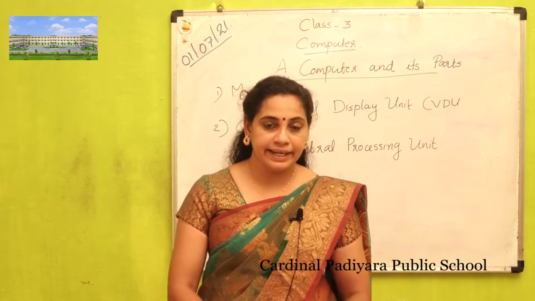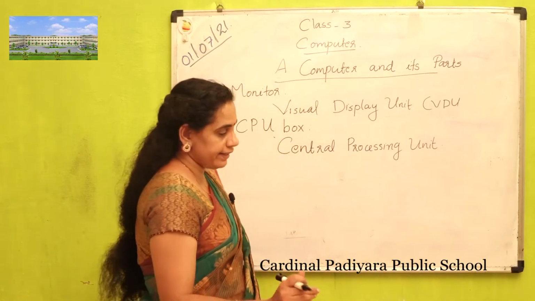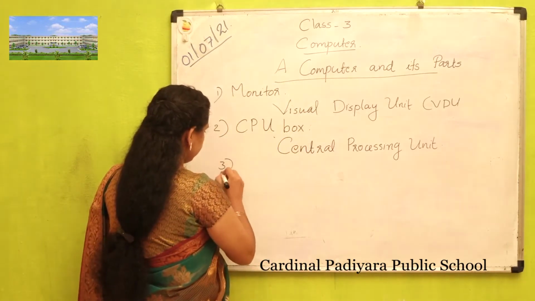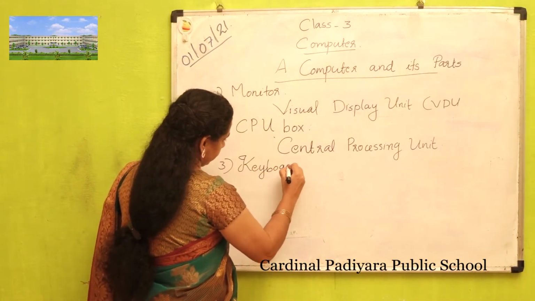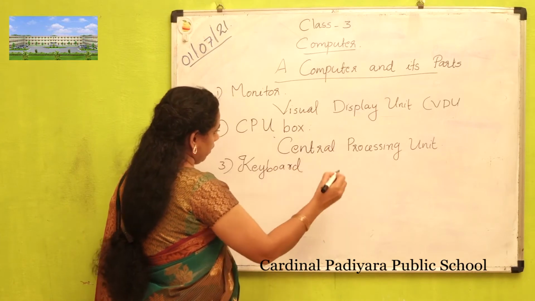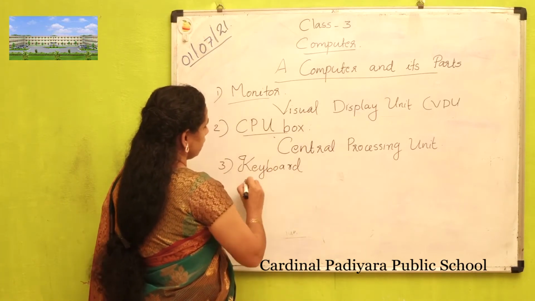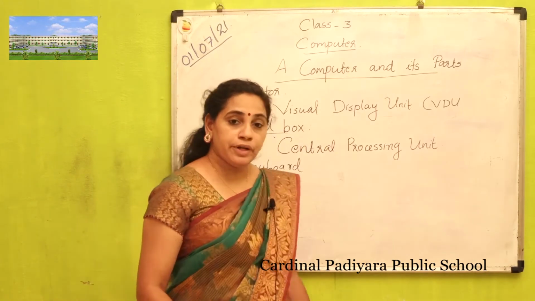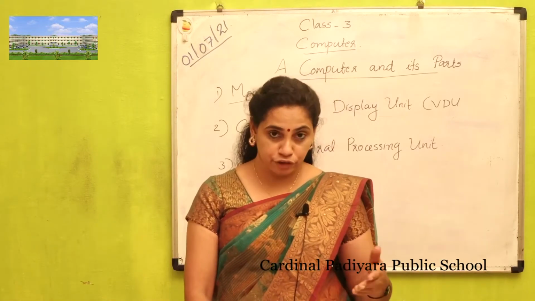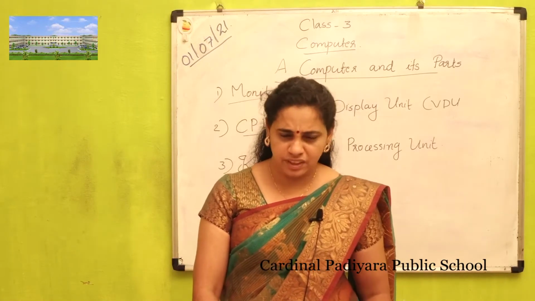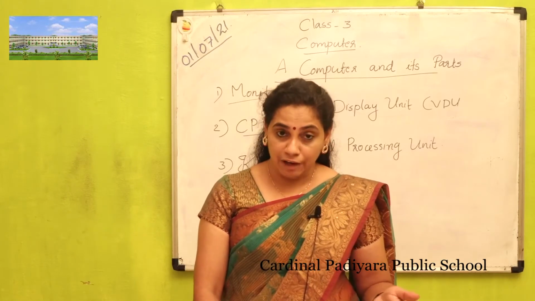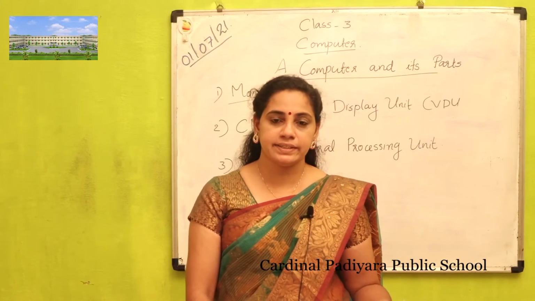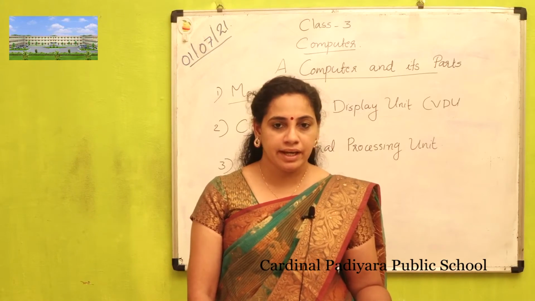The next important part of a computer is the keyboard. The keyboard is used to enter information into the computer. There are many keys on a keyboard, such as alphabet keys, number keys, the spacebar key, and the enter key.